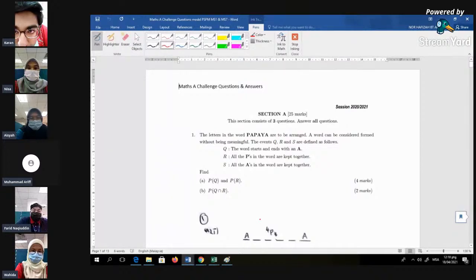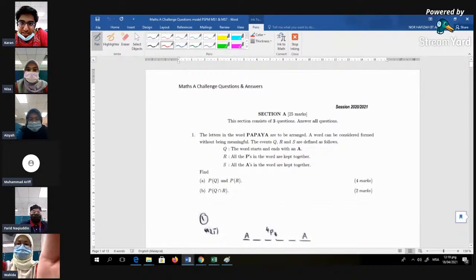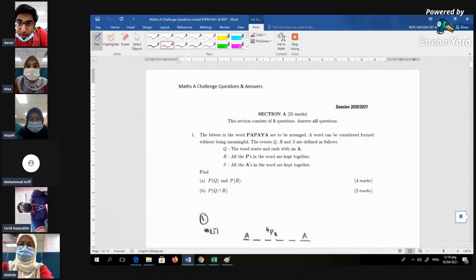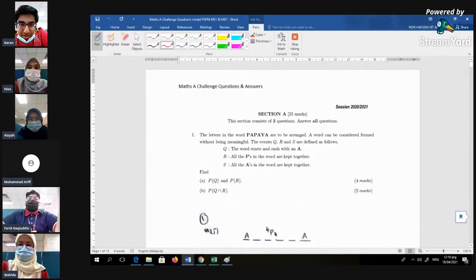Okay, so the first question, let me read it out first. The letters in the word papaya are to be arranged. A word can be considered formed without being meaningful. The events Q, R, and S are defined as follows.